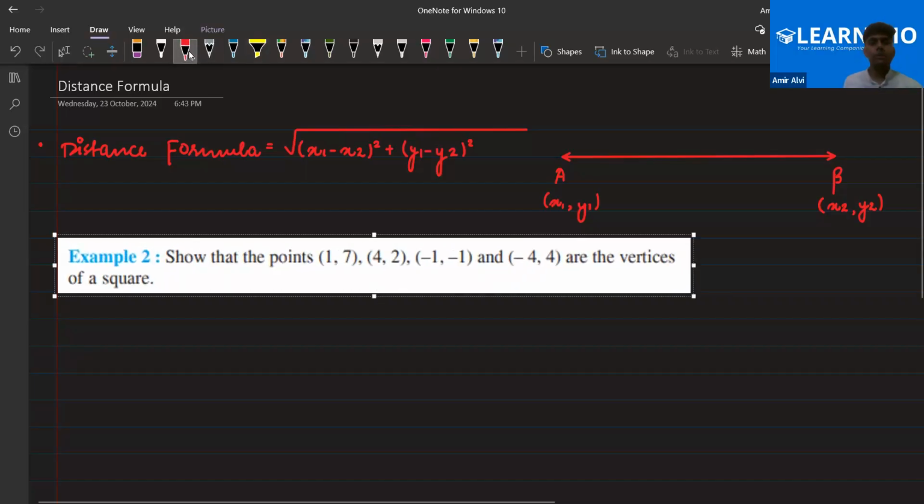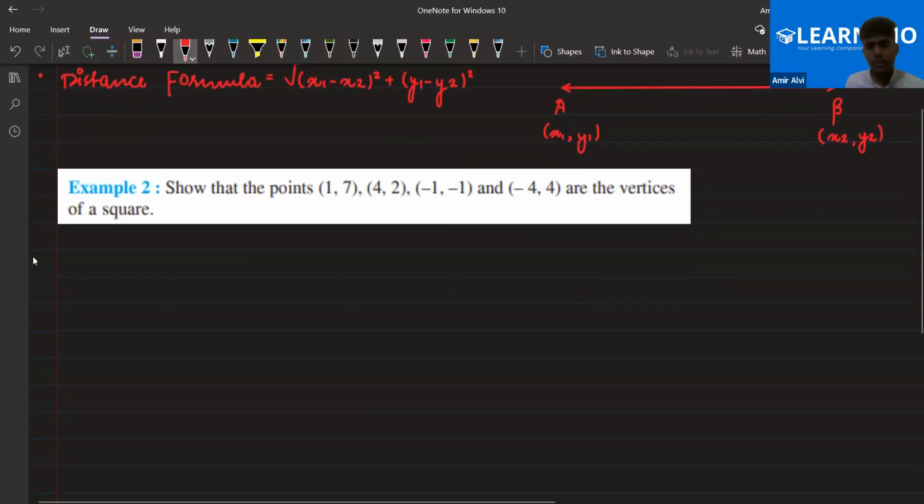You can do multiple things in this, but the actual theory that is there in this chapter is this one, not more than that. You just have to subtract the similar pairs of coordinates, square them and add them.